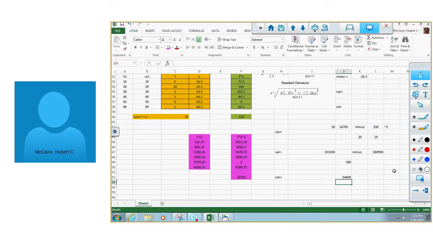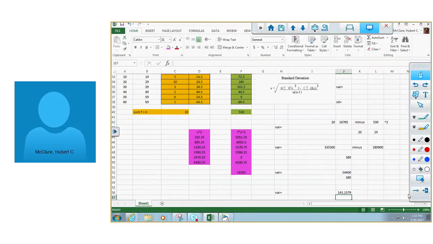And divide by 380. And our variance is equal to 400 divided by 380. And that's our variance.